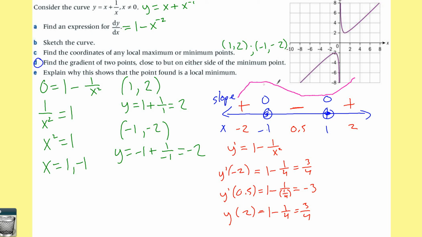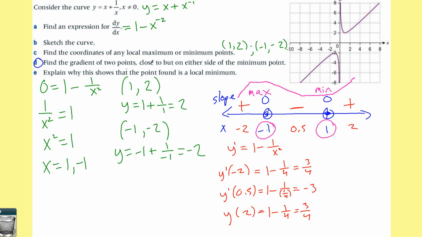This was my graph of my slopes. Positive slope, 0 slope, negative slope, 0 slope, positive slope. Notice what we have: this shows it's a maximum for this one. And look how it goes down, that's a minimum for 1.